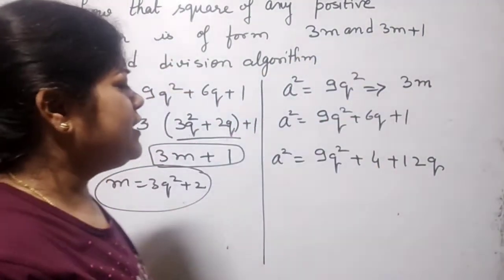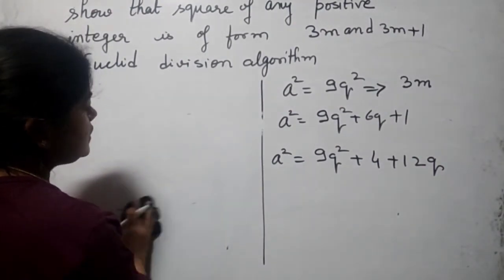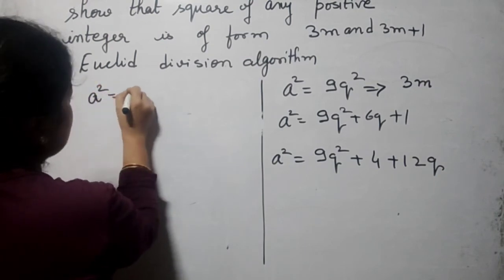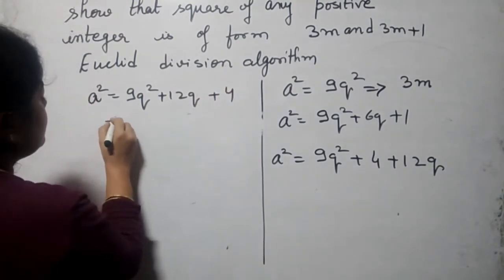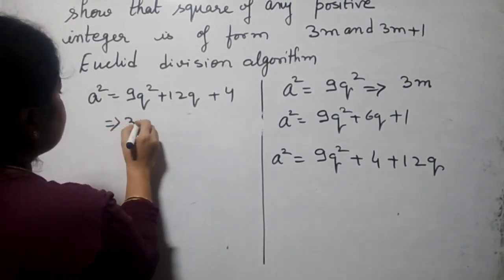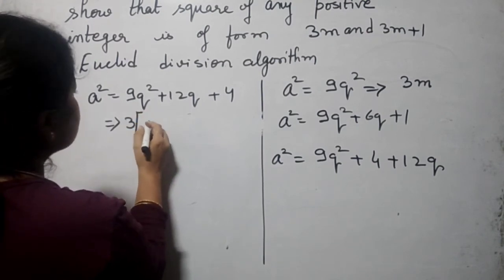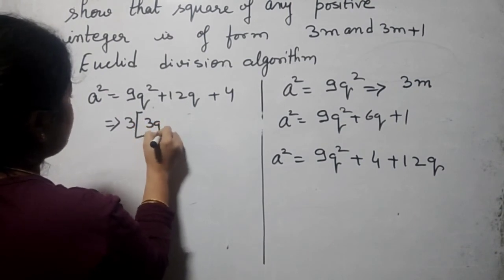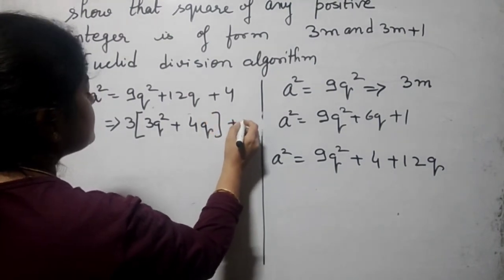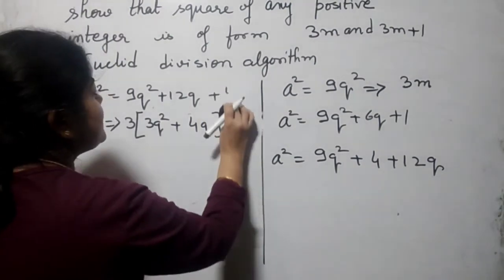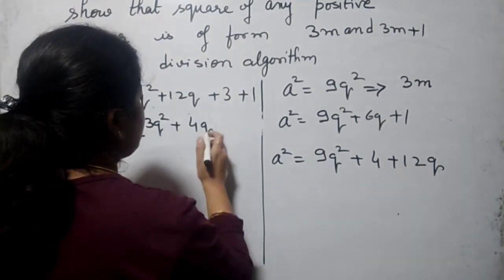So here we have the format 3m plus 1 again. Now observe the third one. In the third one, A square is equal to 9q square plus 12q plus 4. If we take 3 as common, we get 3 times 3q square plus 4q, and if we write 4 as 3 plus 1, it becomes plus 1.